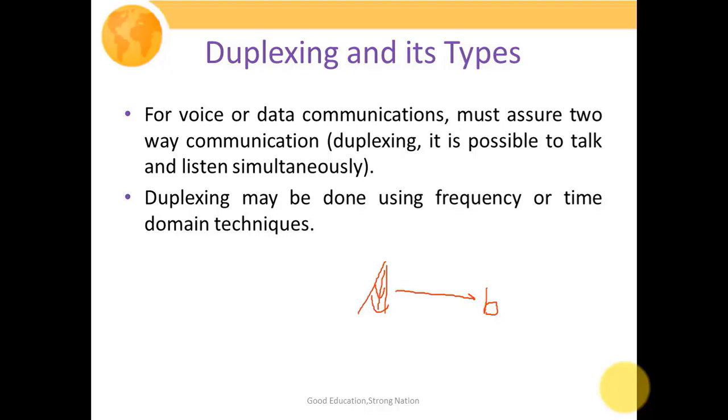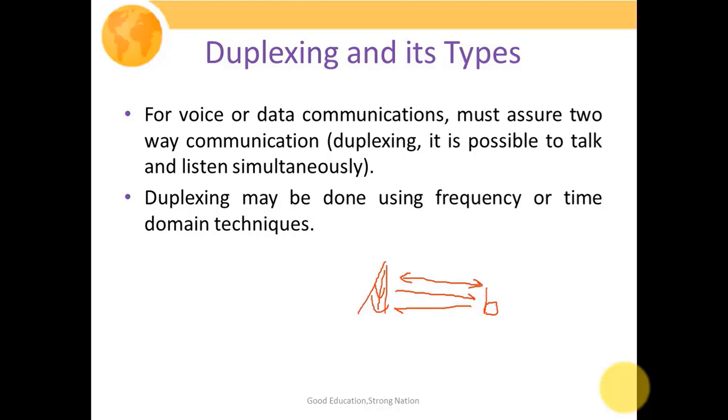And if bidirectional communication is possible, that is, signal can be transmitted from base station to mobile station as well as mobile station to base station, but only one directional transmission is possible at a time, then we call it half duplex mode of communication. And when simultaneous transmission as well as reception is possible between the entities, we call it full duplex mode of communication.